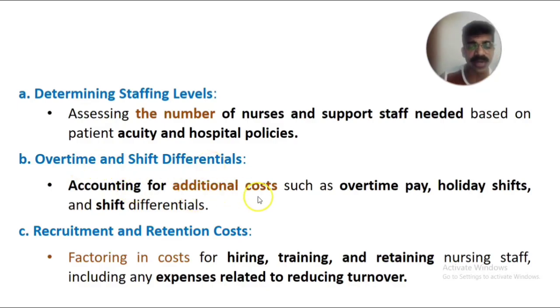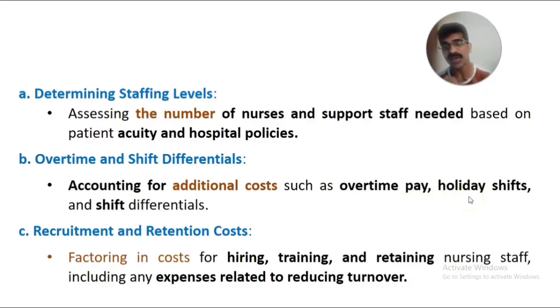The second responsibility is managing the overtime and shift differentials. So accounting for additional costs such as overtime pay, holiday shift and other shift differentials. Find out what additional costs come for the OT pay, overtime. If the staff is working more than the stipulated shift, she has to be paid double the amount, that is overtime pay.